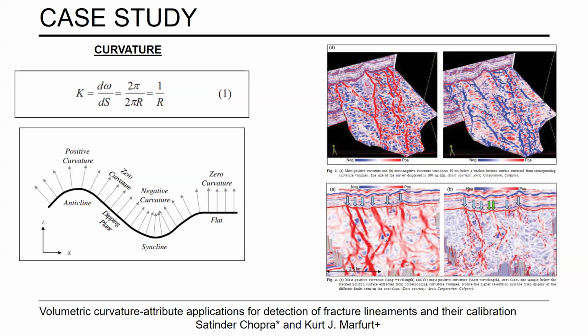This is the time slice, and laterally, or horizontally, you are seeing a display in the form of a chair structure. This particular red and blue are delineating the faults which are present but not very visible in the seismic.